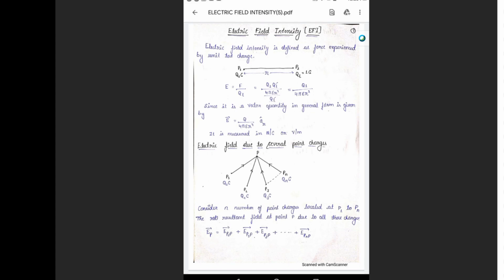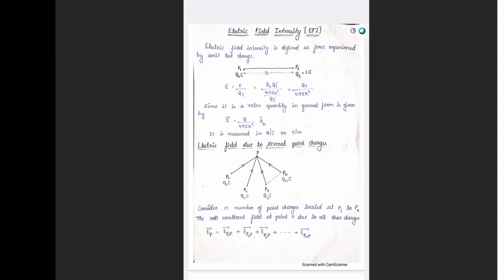Now, how to obtain this expression of electric field from Coulomb's law is, you consider 2 point charges at P1 and P2. At point P1 we are placing Q1 coulombs and at point P2 we are placing QT. QT is called the test charge.